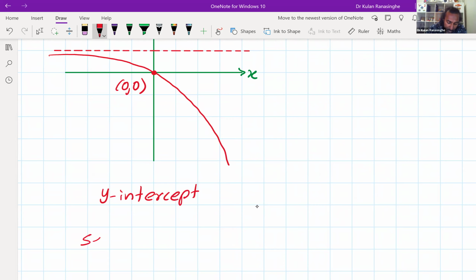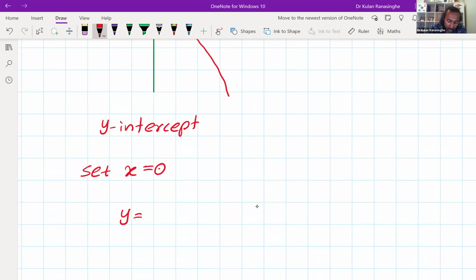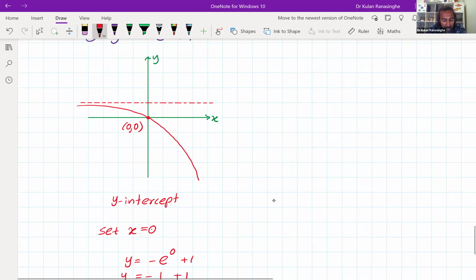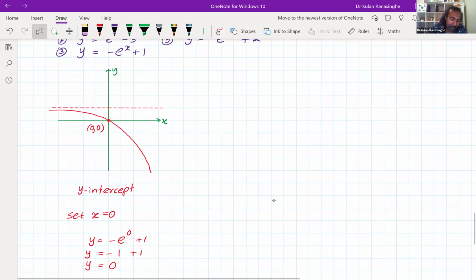We set x to 0. That is y equals negative e to the 0 plus 1, and negative e to the 0 is negative 1. Negative 1 plus 1 is 0. So we got a 0 for y when x is 0, which means it is definitely our x-intercept as well.